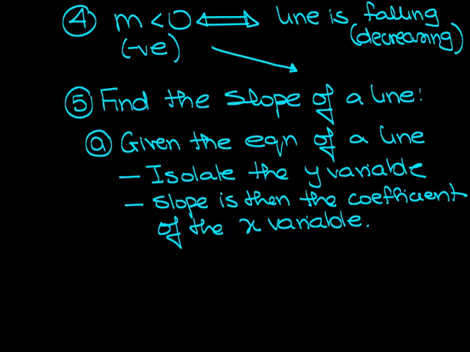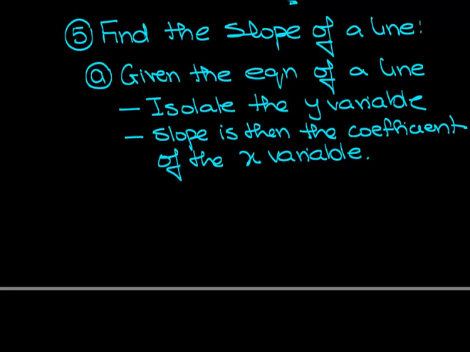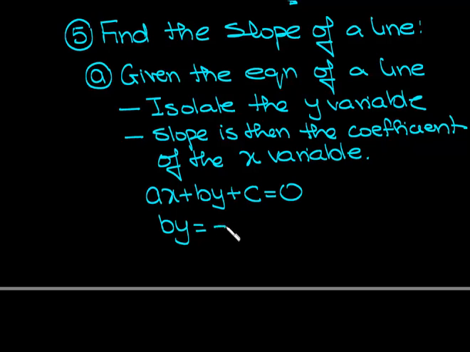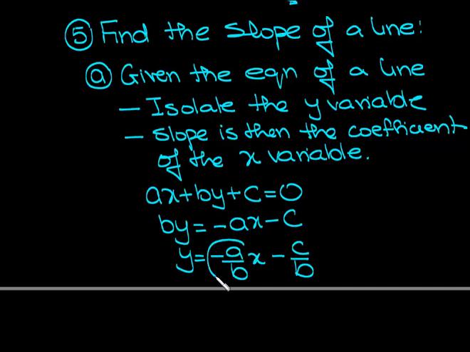For example, if you're given ax plus by plus c is equal to 0, and I isolate y, so I get by is equal to minus ax minus c, you divide everything by b, then this term is my slope.